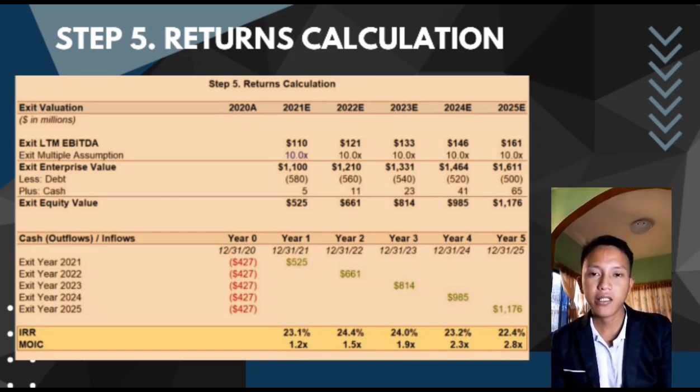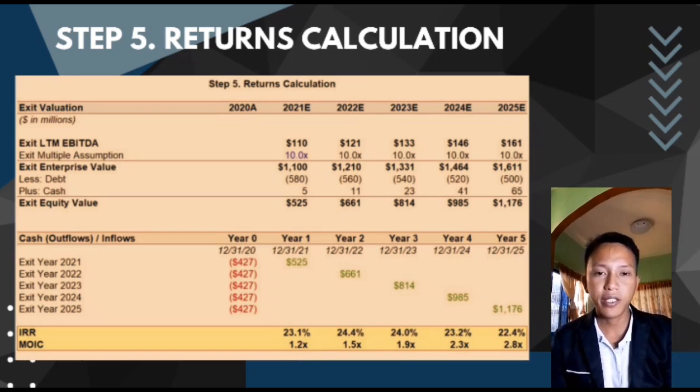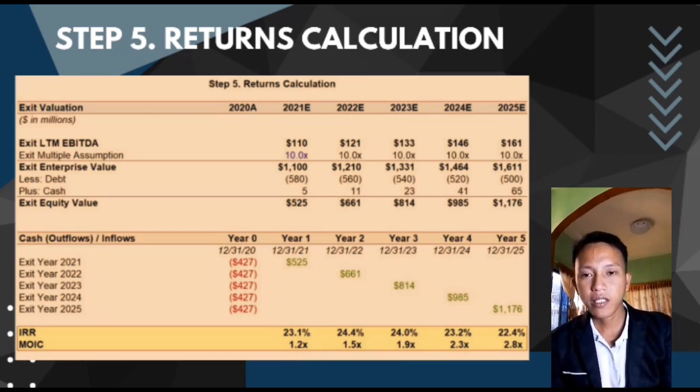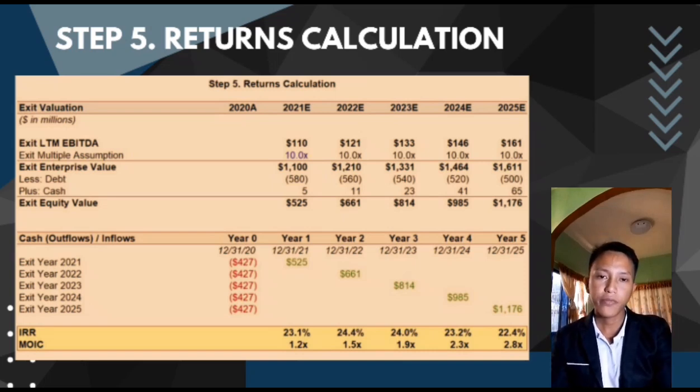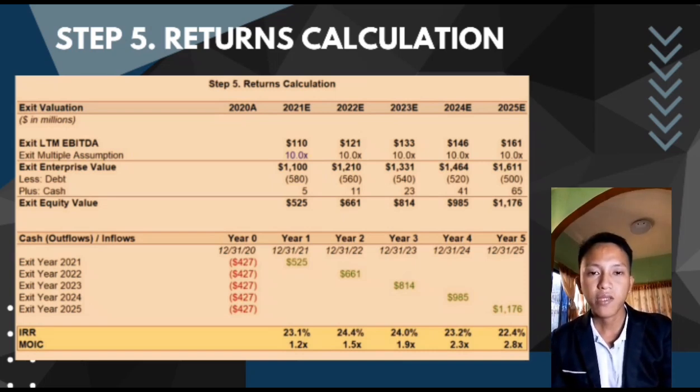To get the exit enterprise value, you simply multiply the exit LTM EBITDA by the exit multiple assumption. So in the year 2021, $110 times 10 multiple is $1,100.